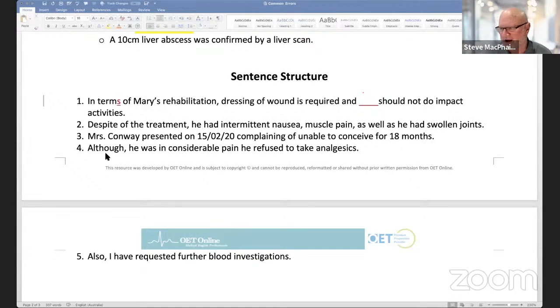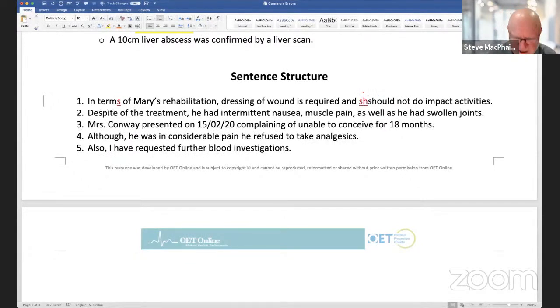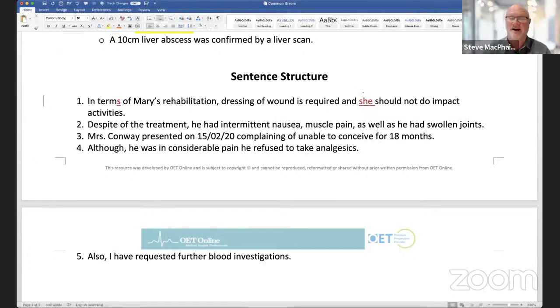Nice. And Saha got it, and she should not do. This is one of the most common errors that we see as teachers. It's a compound sentence, but the subject of the first clause is dressing of the wound, but the second clause is different. So we need to add it. Very, very common error.